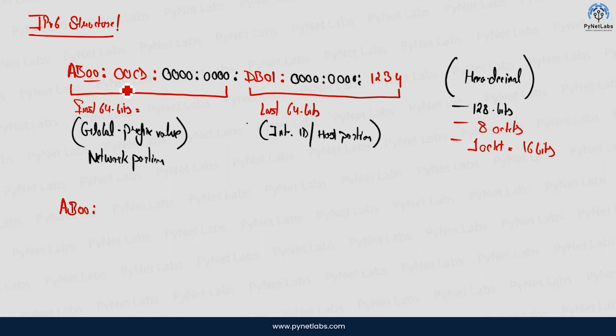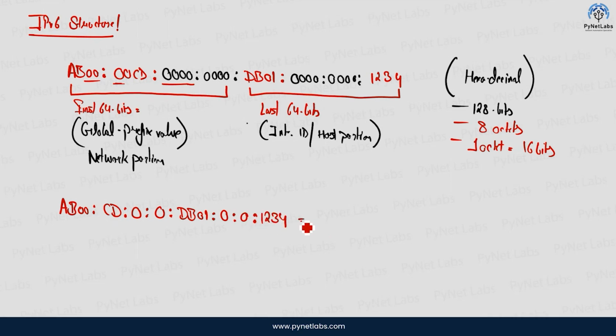But now see, this side we have leading zeros, so you can simply write CD here. Then putting a colon, we have four continuous zeros. Instead of writing four zeros, you can write one single zero, colon, one single zero, colon, and then again we have DB01, colon 0, colon 0, colon 1234.